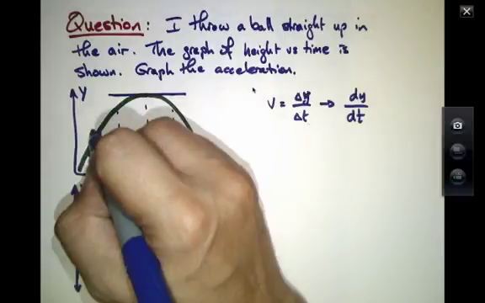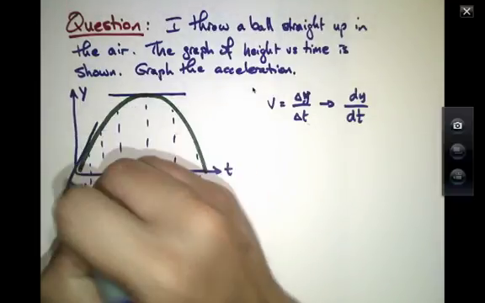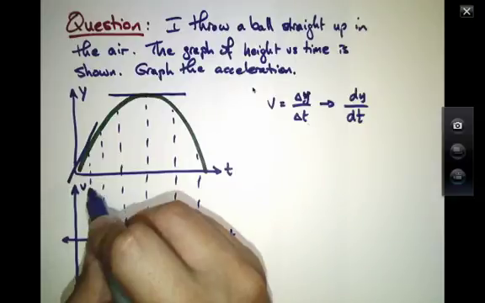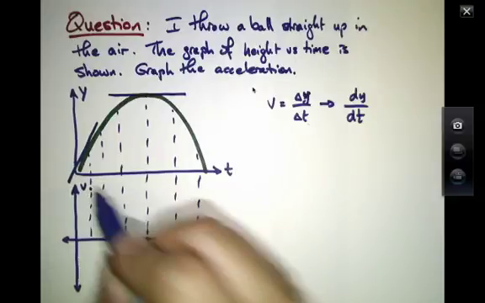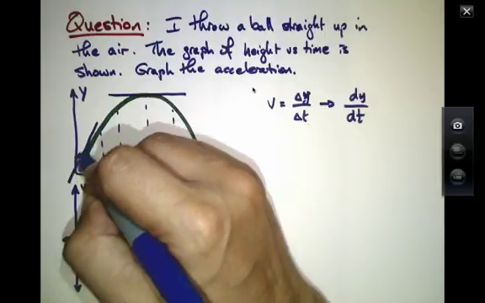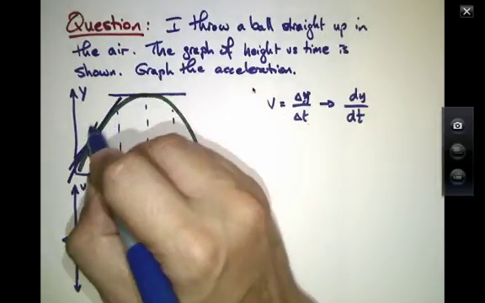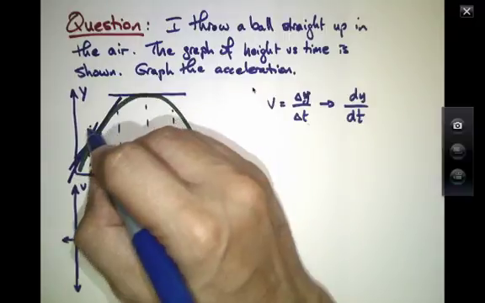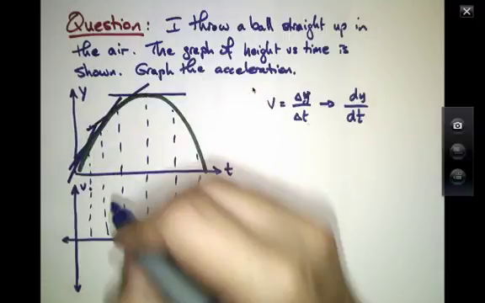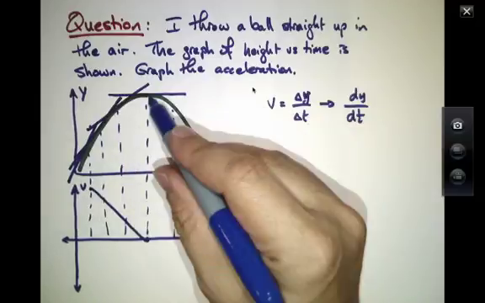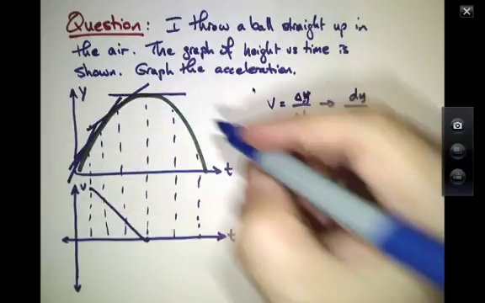Over here, the tangent line might look something like this. So it's got a slope that's very large and it's positive. And as I move along in time, I still see tangent lines that are sloped upward, but less so every time. So what's happening is the velocity is trending down until it gets to 0 right there.